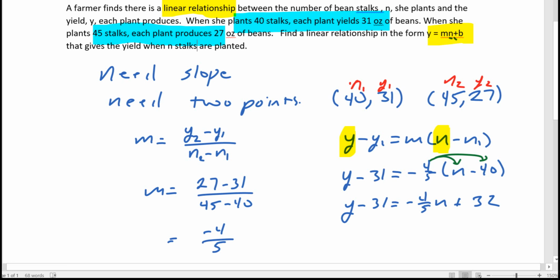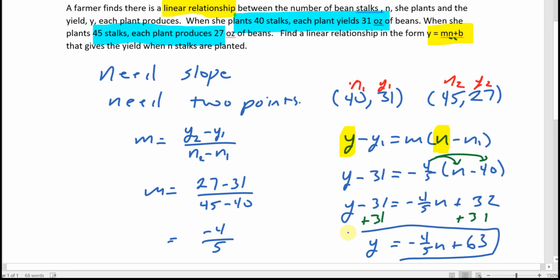The next step is to always, whatever number's beside the y, you have to add or subtract it to get rid of it. Since it's a minus 31, I'm going to add 31 to both sides. And what's that going to give me? We're going to have y equals negative 4/5 n plus 63. And there is the linear relationship that we want.